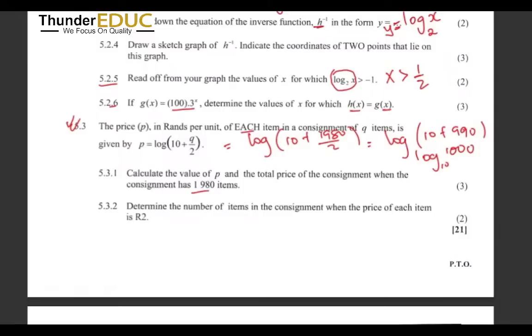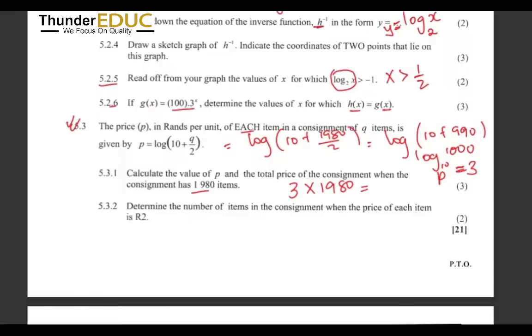So simplifying this or punching this into the calculator, we know that P automatically becomes a 3. Now, we need to find the cost. So just get the 3, which is the price per item, multiplied by the 1980 items. Okay, so 3 times 1980 gives me 5,940.